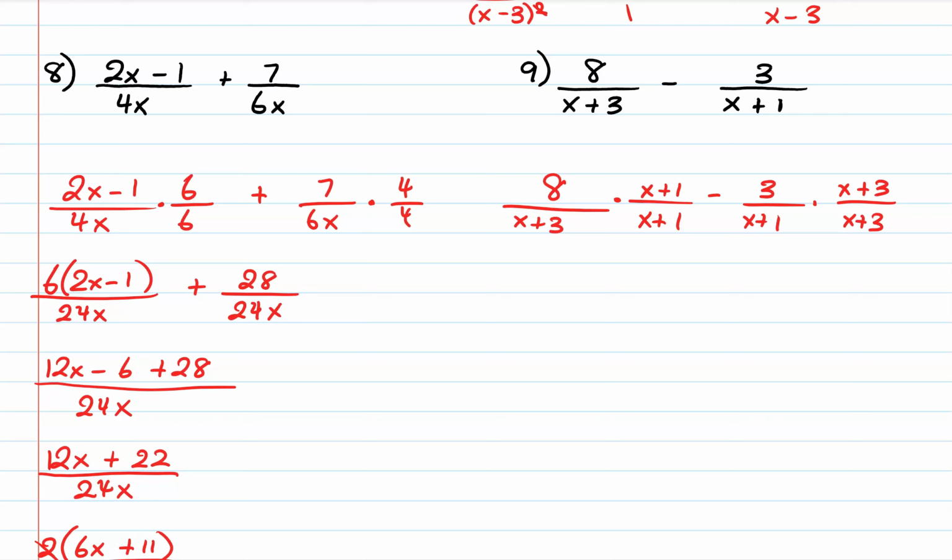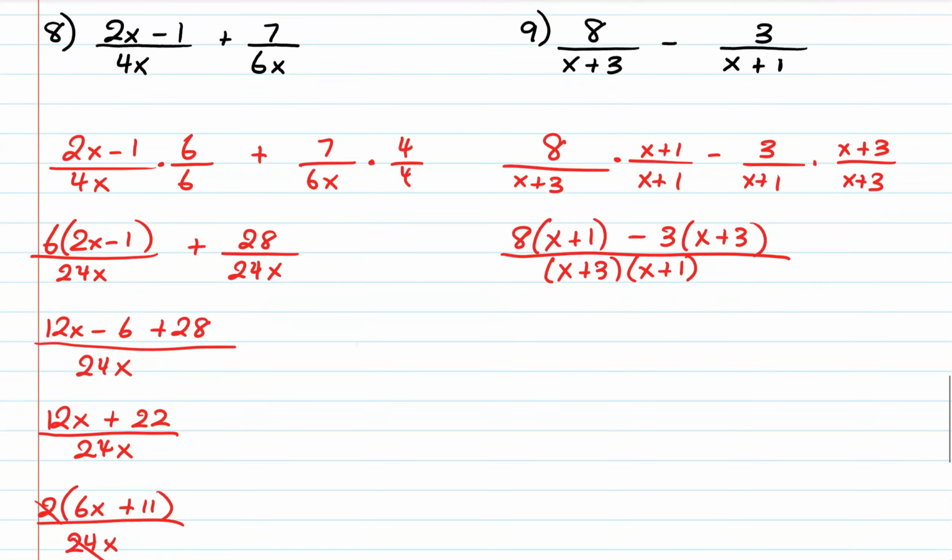Now we simplify, we'll have 8 bracket x plus 1 minus 3 bracket x plus 3, all over the same denominator of x plus 3 and x plus 1, because we've got a common denominator now.